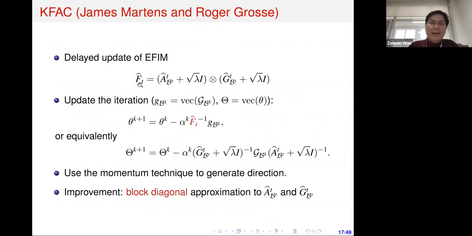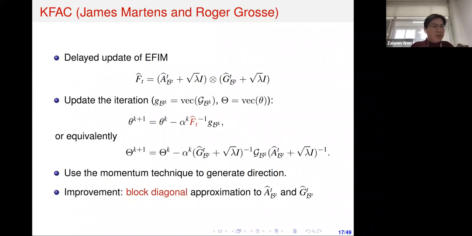So they take the matrix in this way. Of course, to ensure the matrix is invertible, we add a small scalar times identity, and then we take the inverse by using the property of a Kronecker product. We can easily compute the inverse this way. So this is the KFAC method.